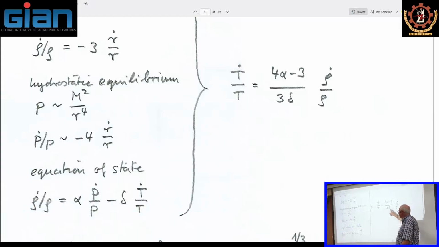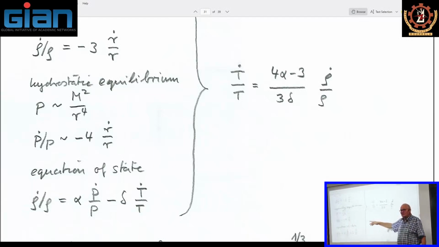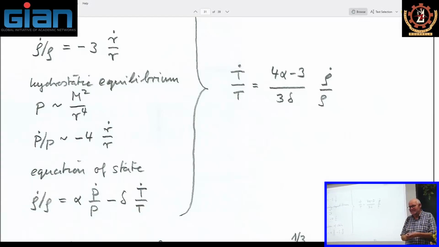Moreover, the delta goes to 0, so this will be a very steep dependence. Once we go to delta close to 0, then the temperature will decrease, but it will decrease with a very steep slope, because delta goes to 0.